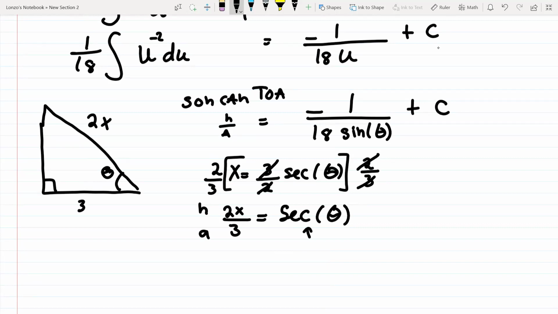Okay, so in order to find sine theta, we need to figure out this missing leg. Since it's a right triangle, we can apply the Pythagorean theorem.